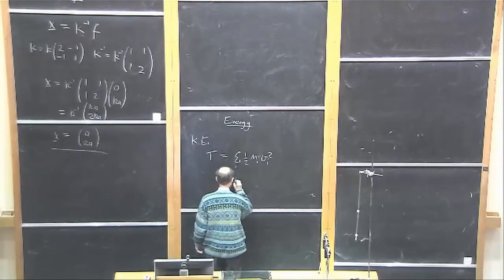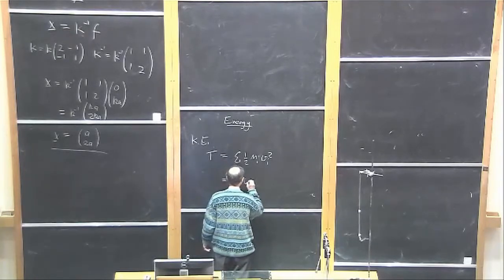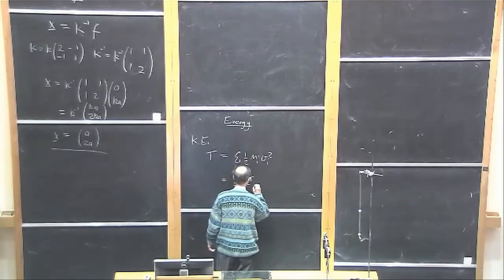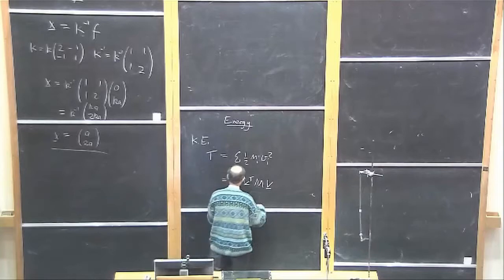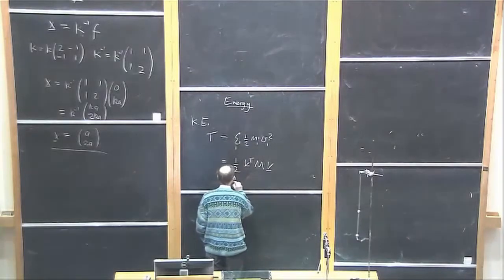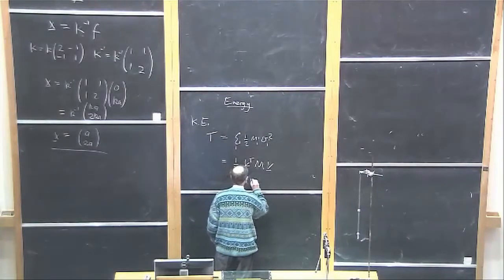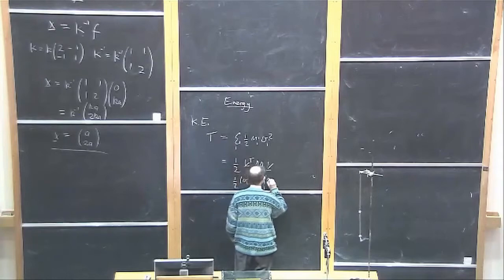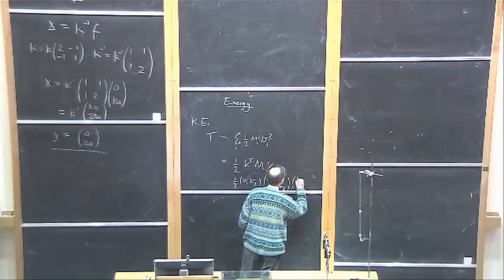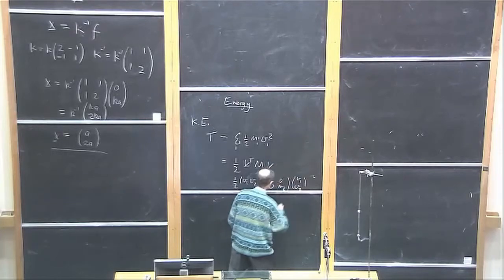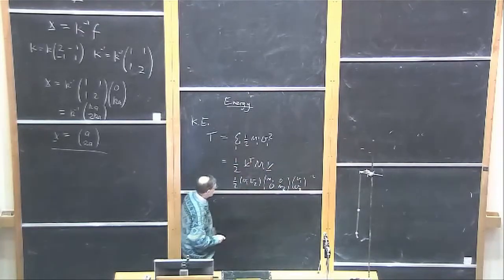So that is 1/2 v transpose M v. Okay? So that's 1/2 (v1 v2) times (M1, 0; 0, M2) times (v1, v2), and if we multiply that out, we get that.